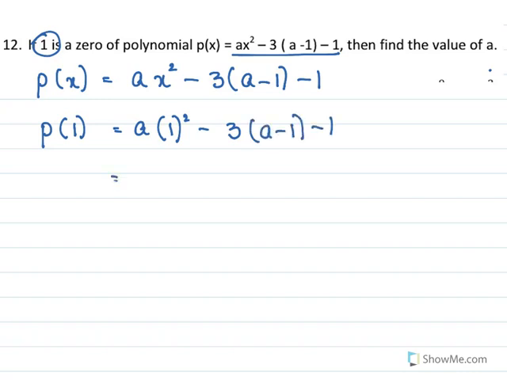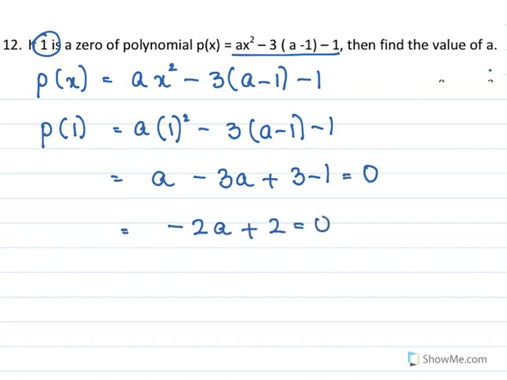So here this will be a minus 3a plus 3 minus 1 will be equal to 0. So this becomes minus 2a plus 2 equal to 0. Minus 2a, take the 2 on the other side, minus 2. Then a is minus 2 over minus 2, which is equal to 1.